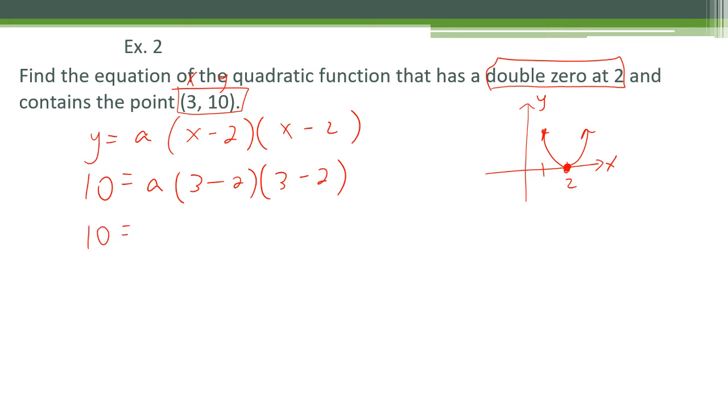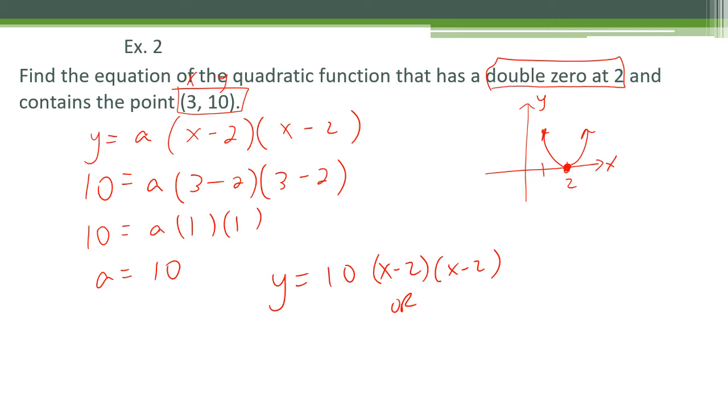Do the math. 3 minus 2 is 1. 1 times 1 is 1. 10 divided by 1 is just 10. Putting it all together, y equals 10(x minus 2)(x minus 2). Or if you wanted to clean that up a little bit, you wanted to be fancy, show off, 10(x minus 2) squared.